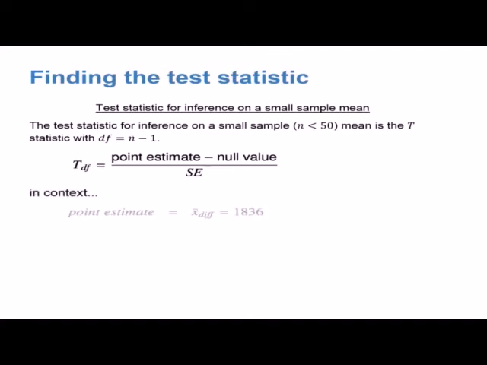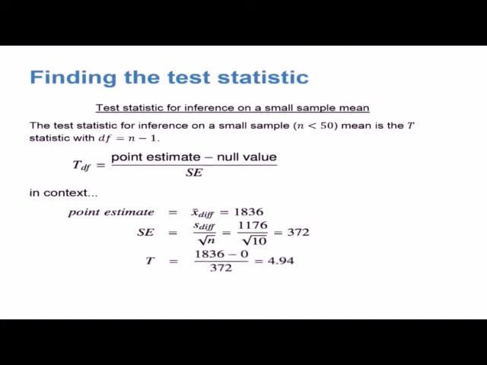So in context, our point estimate, which is the sample mean of the differences, is 1,836. The standard error, which is the standard deviation of the differences divided by the square root of our sample size, is 372. And our t is calculated as the point estimate minus the null value divided by the standard error, or 4.94.